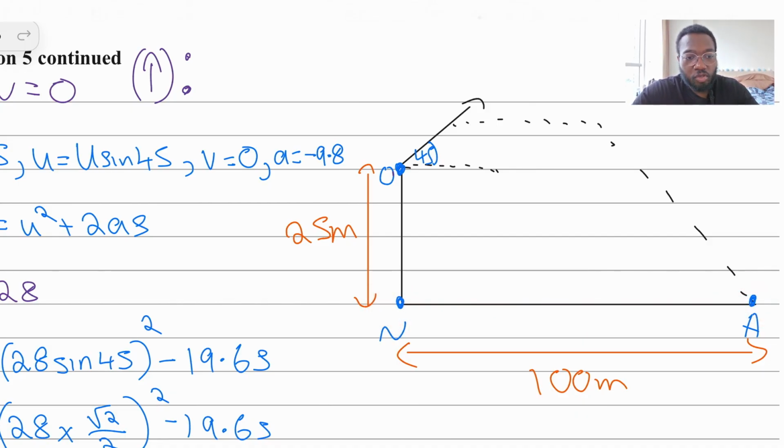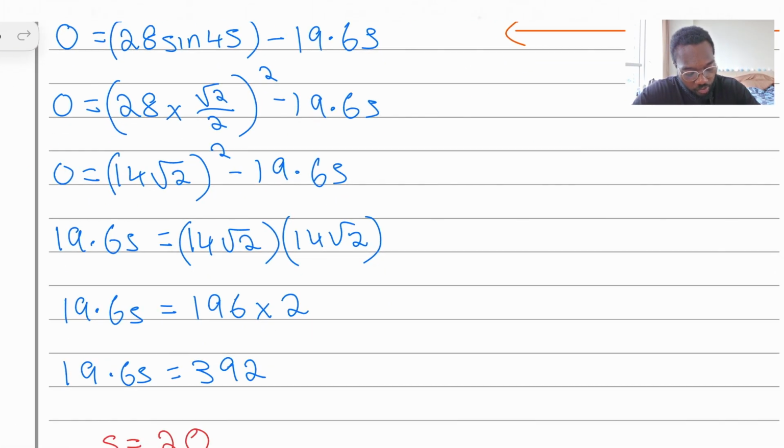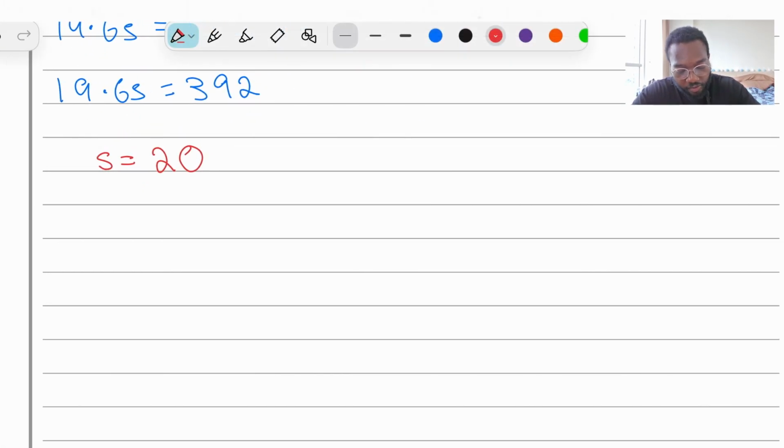So when we get s is equal to 20, then it's going to be the 25 plus the 20, okay? Therefore, our answer, we just have to add 25 to our answer. So we get 20 plus 25. So our actual answer is going to be 45 meters, because it's 45 meters above the horizontal ground at A.